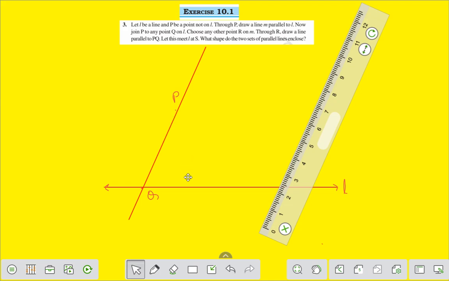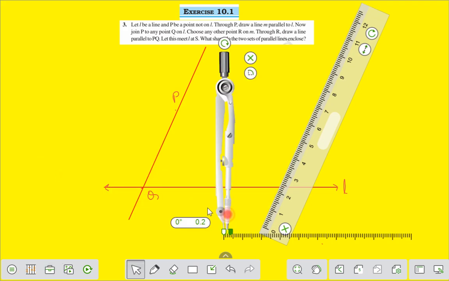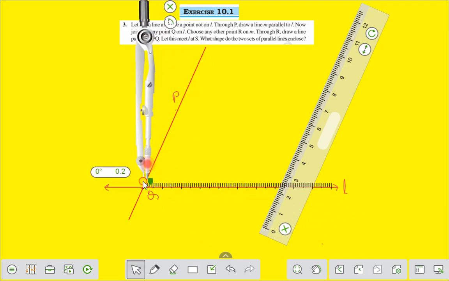Let us do this with the help of a compass. Let us take an arc here with this pointer.